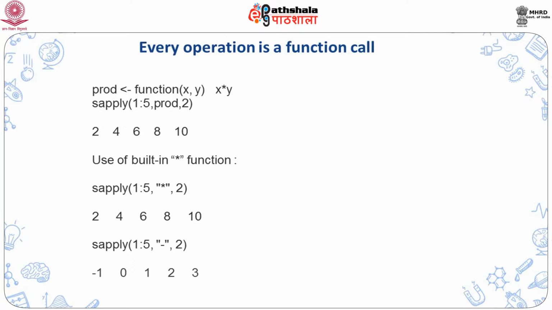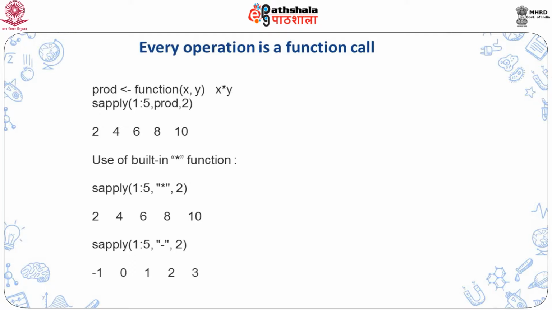We are inputting the data as 1 to 5, and in place of the function we are having prod and then 2. So, basically we are having 2, 4, 6, 8 and 10 as our output, as expected.